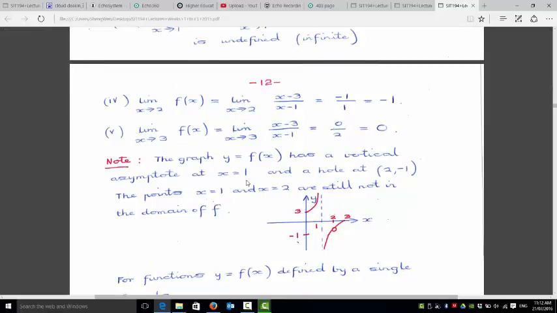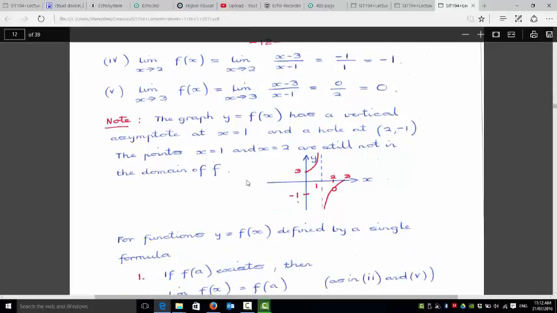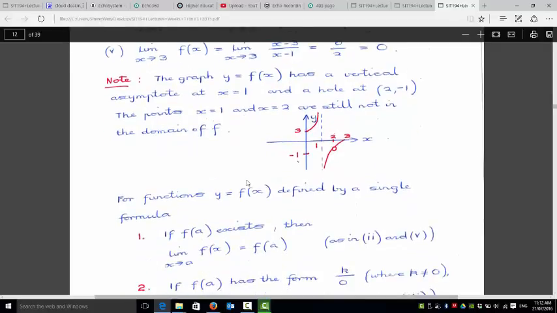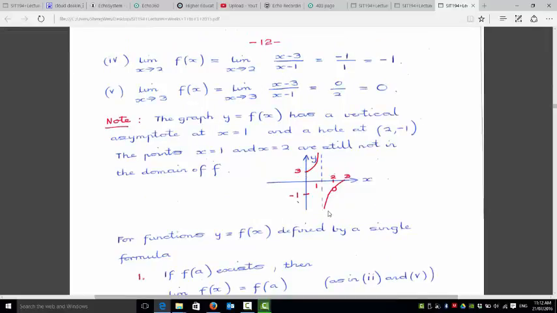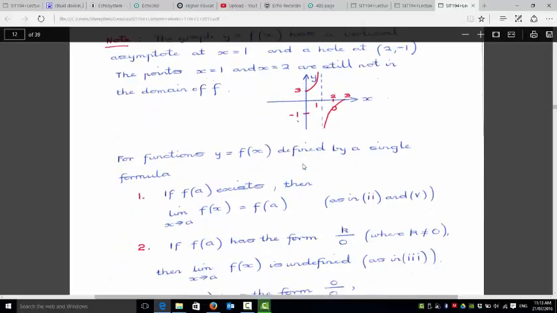For infinitesimal, here we give you one graph from 3 to infinity and from negative infinity to 0. Here we can focus on the right-hand side and the left-hand side. Both of them are one-to-one functions, but if you combine them together, they are not.